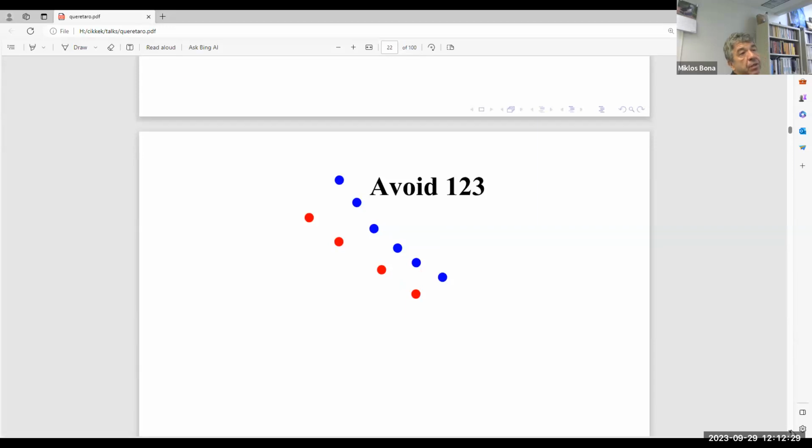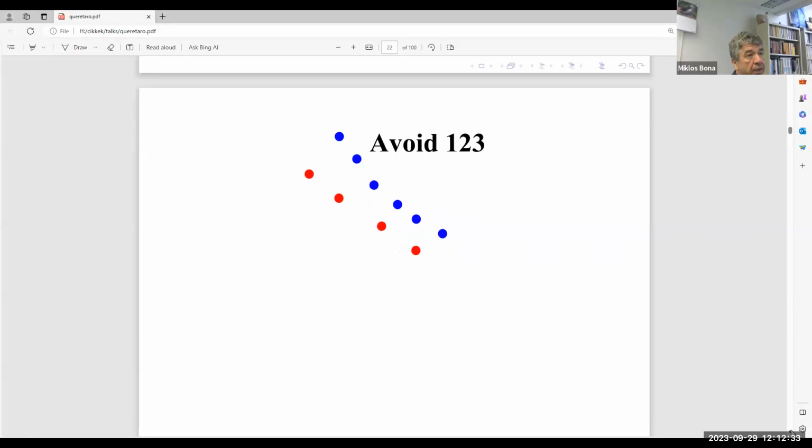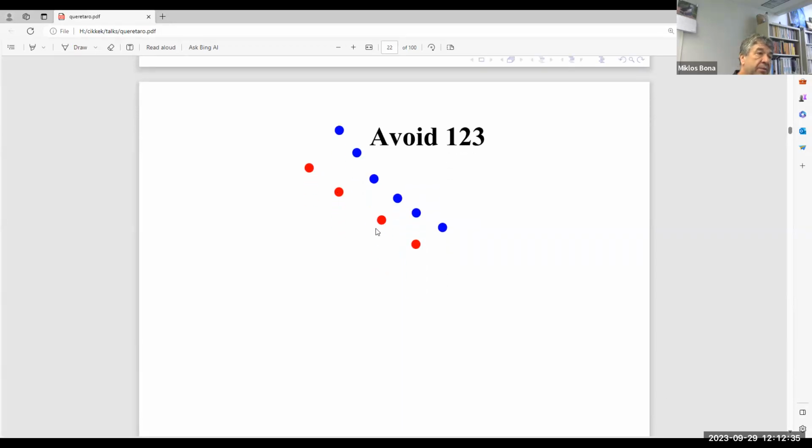Again, one picture is worth 10,000 words. So what does a 1, 2, 3 avoiding permutation look like? These red entries are the left to right minima. By definition, they are always in a decreasing subsequence, right? Because they, by definition, have to be smaller than everything on their left. The blue are everything else, all the entries which are not left to right minima, okay?